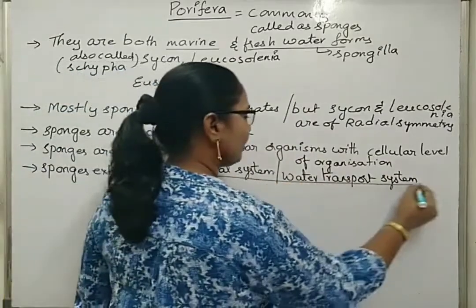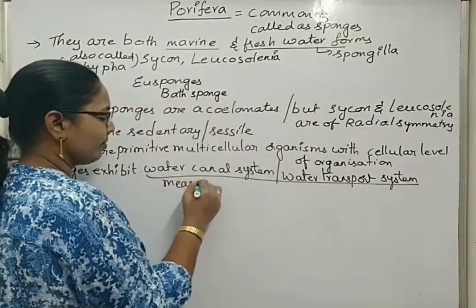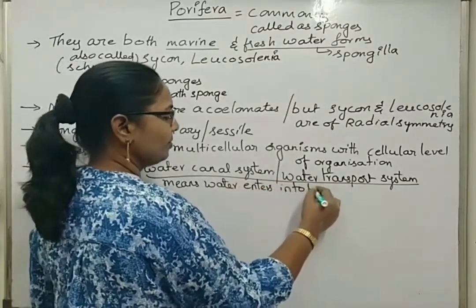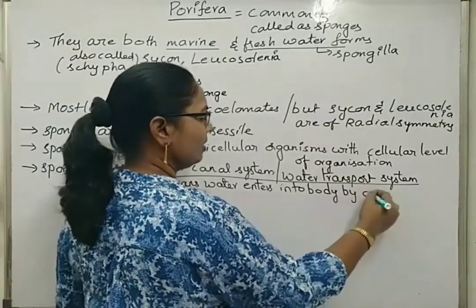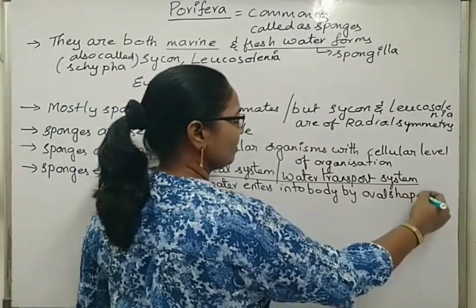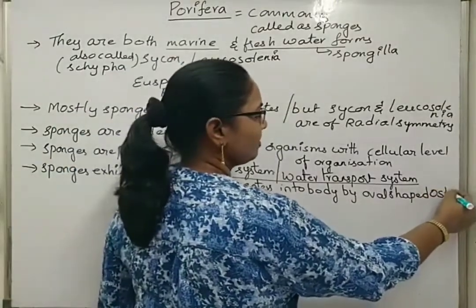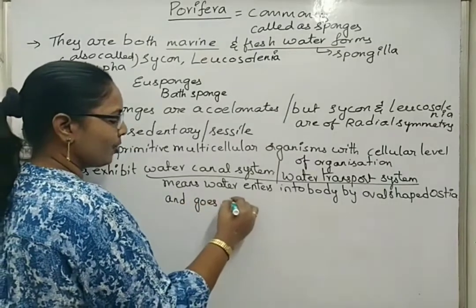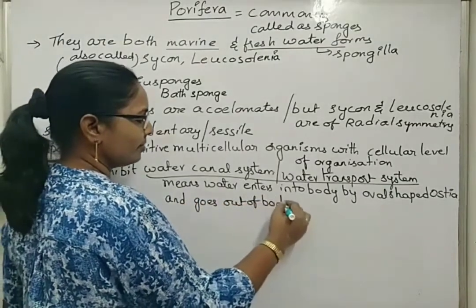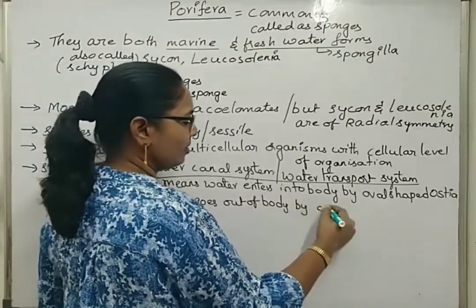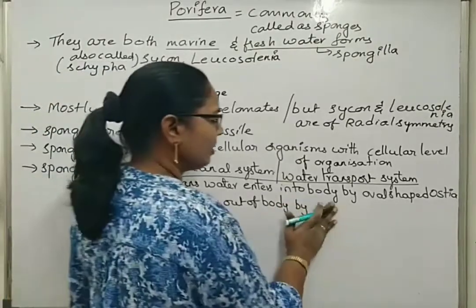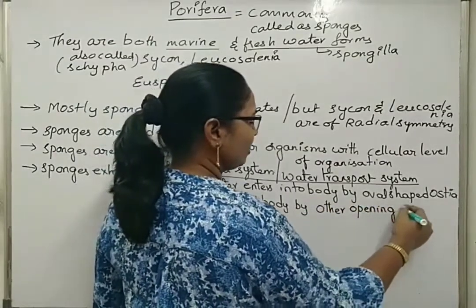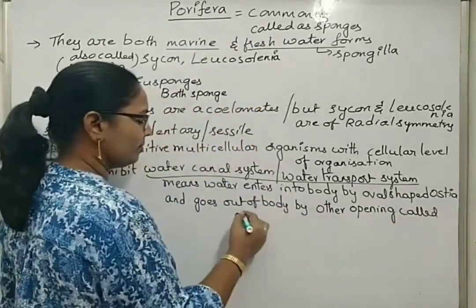Here we will write just a meaning of this. It means water enters into body by oval shaped cells, ostia, and goes out of body by other opening called osculum.